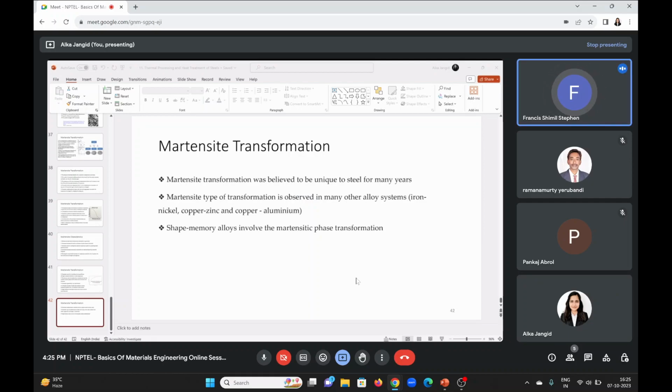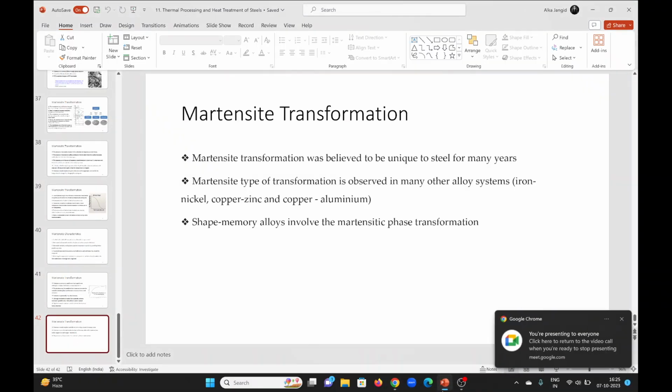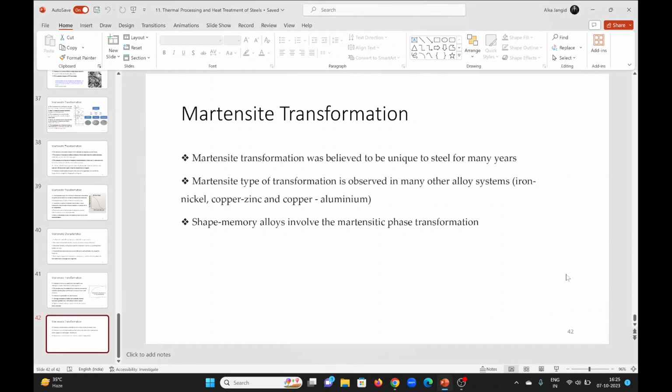Ma'am, the steel that we use is mostly in ferrite form, isn't it? We use the steel at normal temperature. For austenite and delta iron, the temperature would be higher than 700 degrees Celsius, isn't it?